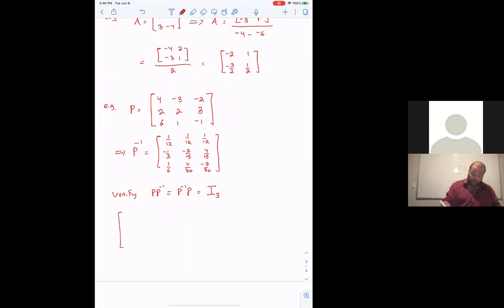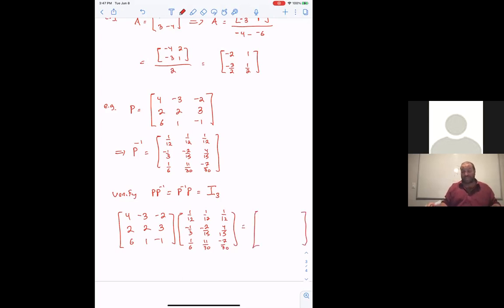But if we take P and multiply it on the right by P inverse, we have a 3 by 3 times a 3 by 3. We know that's defined, giving us a 3 by 3, which is wonderful.